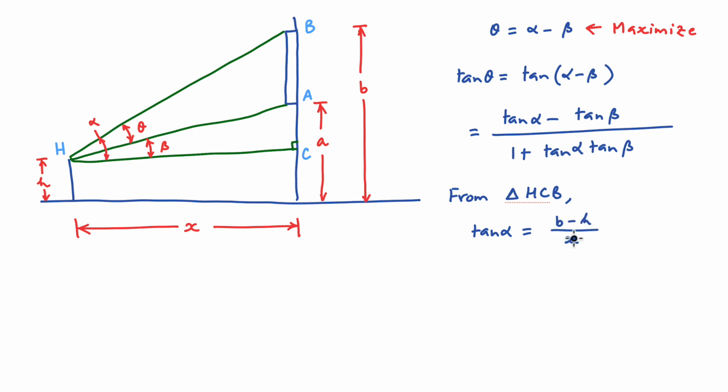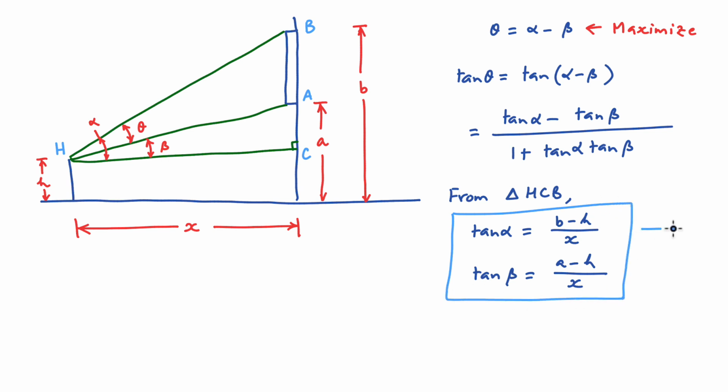And similarly, from triangle HCA, we get tan beta equal to a minus h upon x. And now we immediately notice that these values of tan alpha and tan beta go into the previous line, which helps us calculate the value of tan theta, and from there the value of theta.